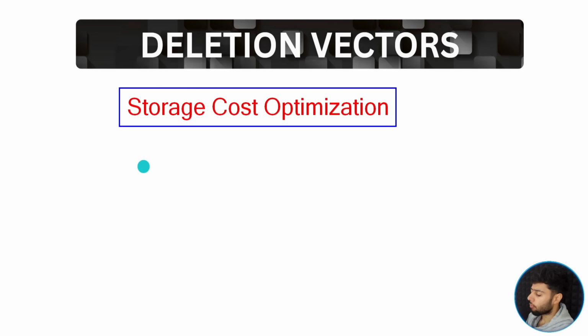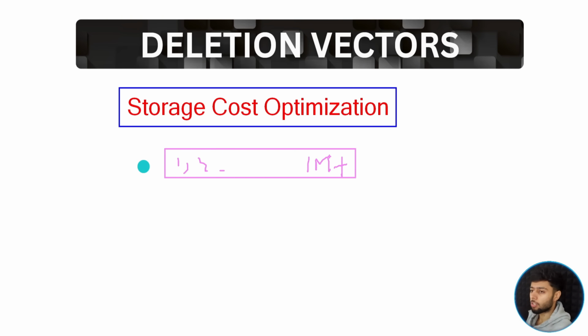How? Because we know that whenever we update anything, let's say this is the partition that we are updating, the whole partition. In this, let's say we have 1, 2, 3, 4, and 1 million plus rows. Obviously we will not get 1 million plus records within just one Parquet file. Let's say 1000. Now with deletion vectors, let's say I'm updating only this particular key.